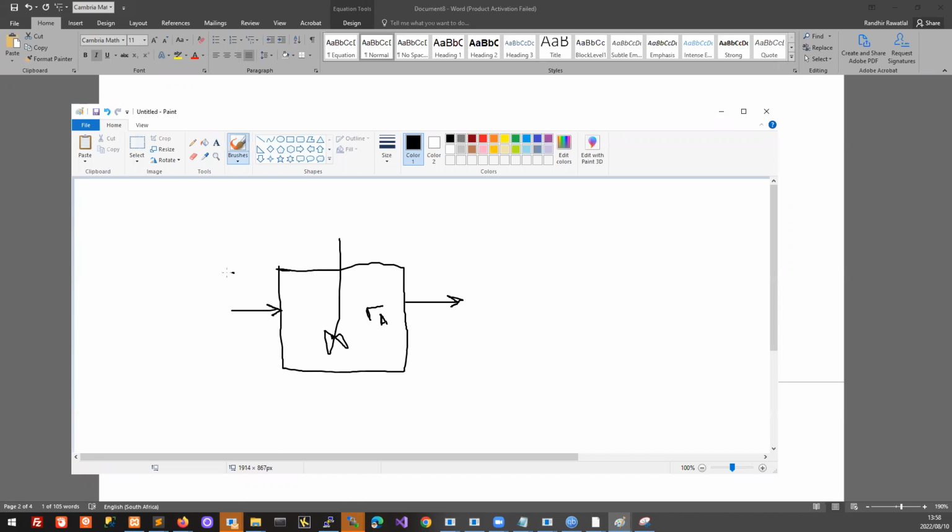We do know the concentrations coming in here, CA naught and CB naught. So we know the concentrations coming in, we know it's perfectly mixed, we know there's an exit flow rate. So this, in a way, constrains us to a given conversion. There is a certain conversion here that is going to be achieved.